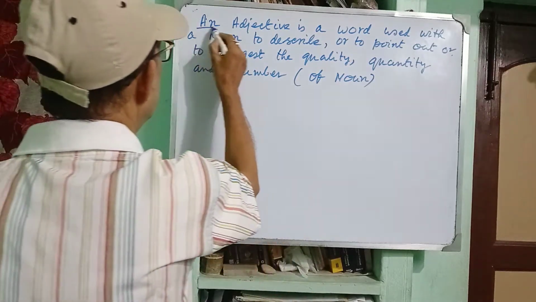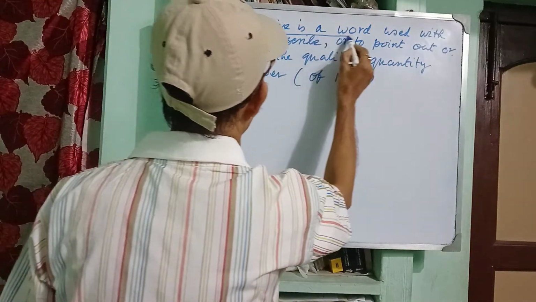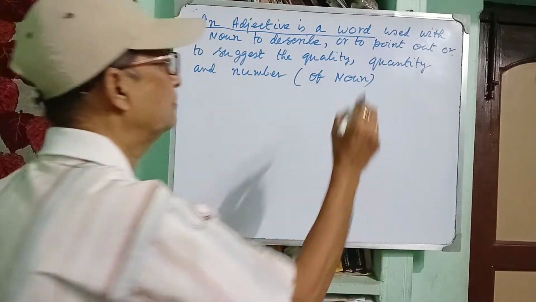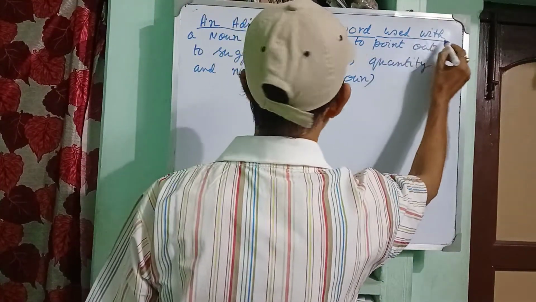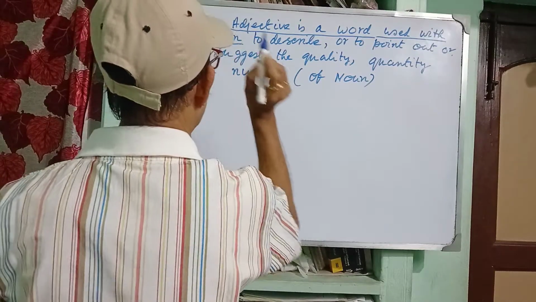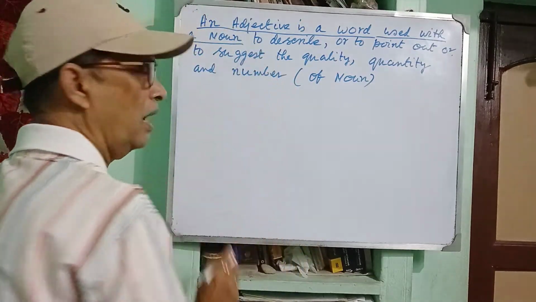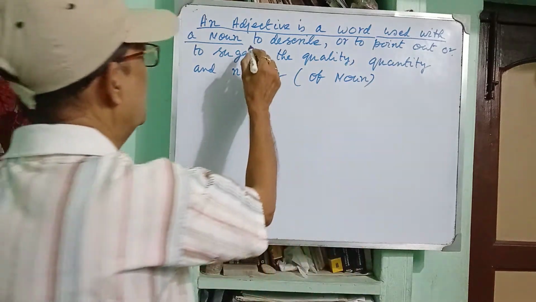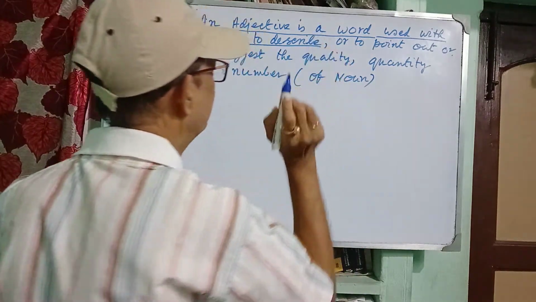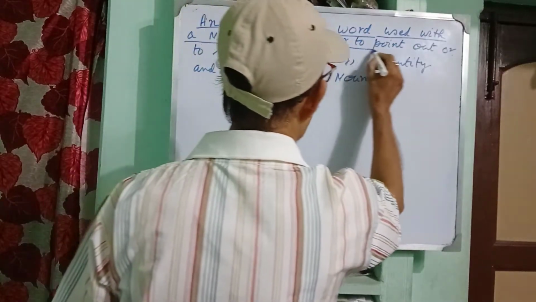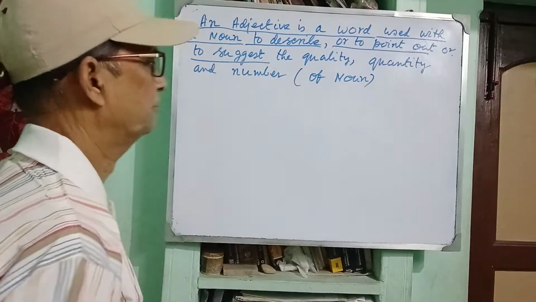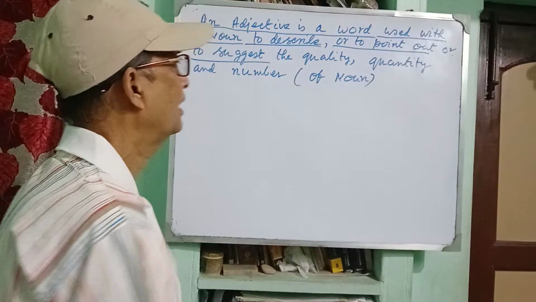An adjective is a word used with a noun. And what is the function of the adjective? To describe, or to point out, or to suggest what?